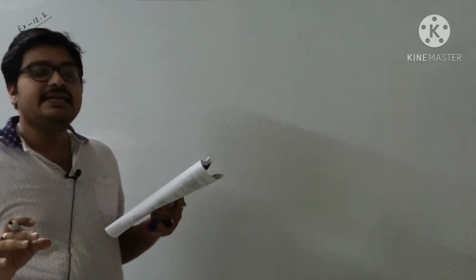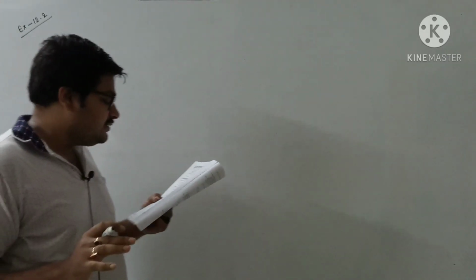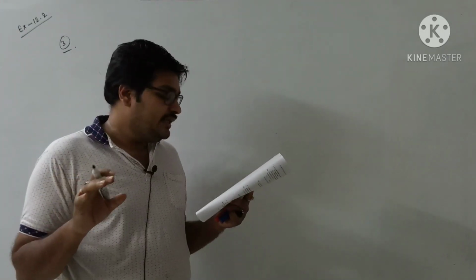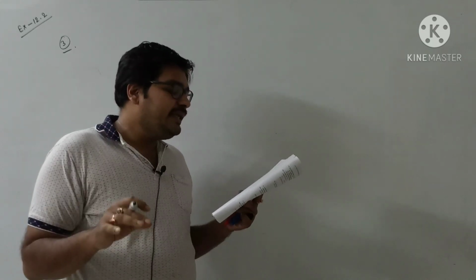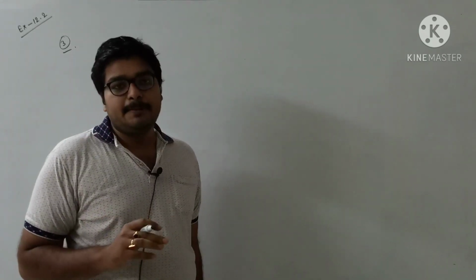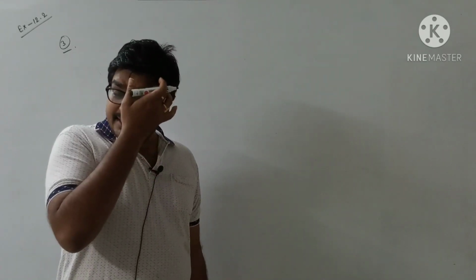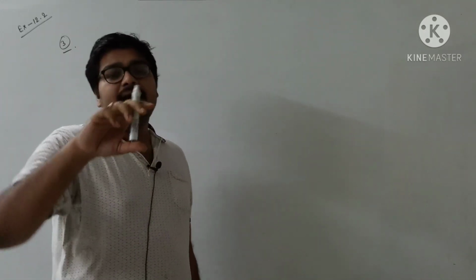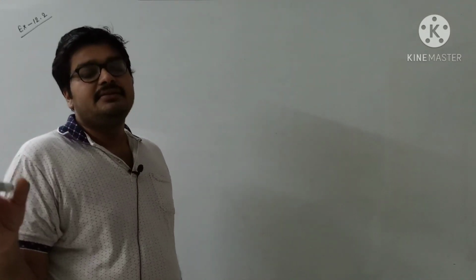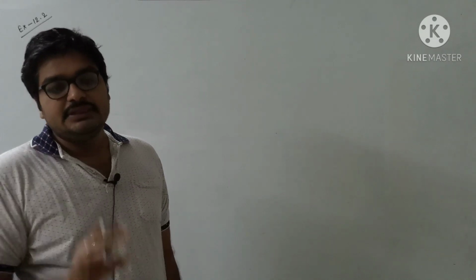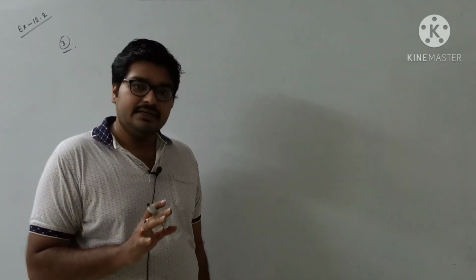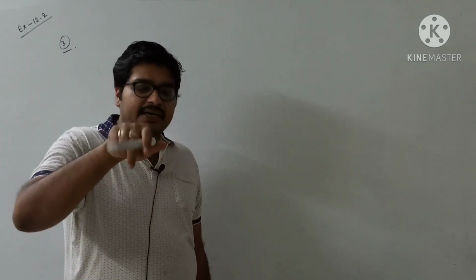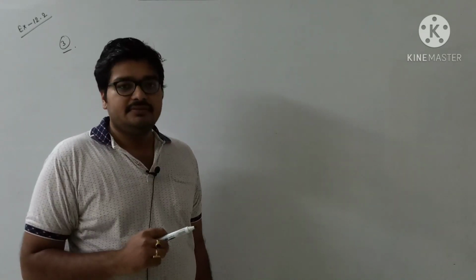I'll move now to question number 3. The minute hand of a clock is 14 centimeter. So the length of the minute hand has been given. Find the area swept by the minute hand in 5 minutes. One thing we already know: the minute hand makes a complete revolution in how many minutes? 60 minutes. Correct? Because in 1 hour, the minute hand takes a complete revolution.